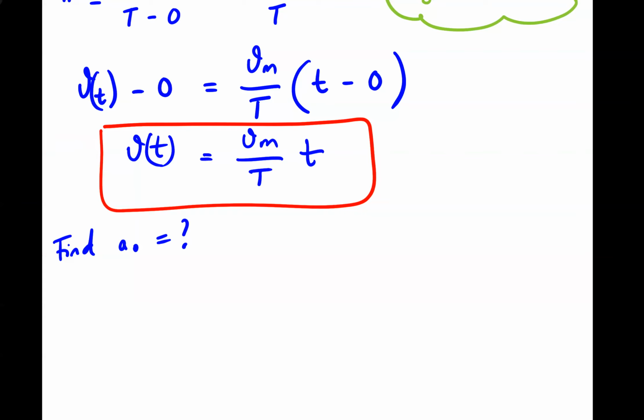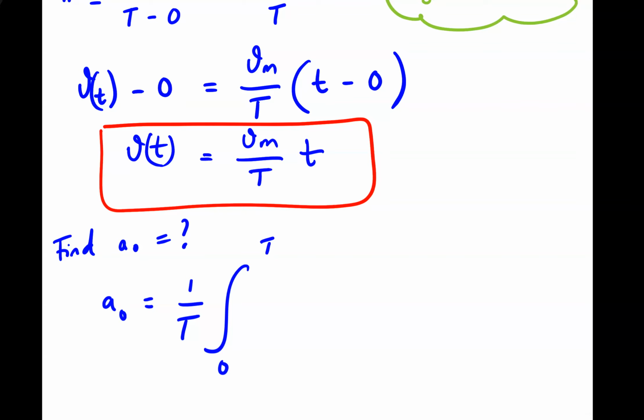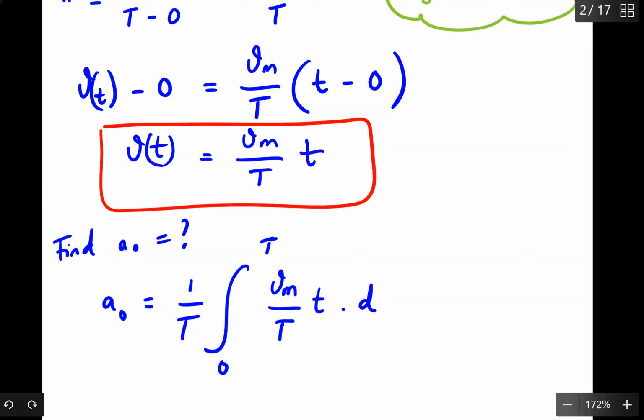I write it down as a0 equal to 1 over the period T, integrate from 0 to T, of V(t) dt. V(t) is given to me as this equation, so you substitute it in here.